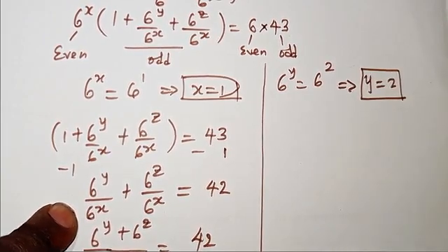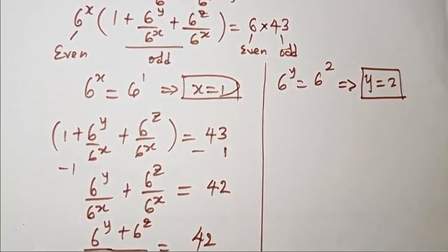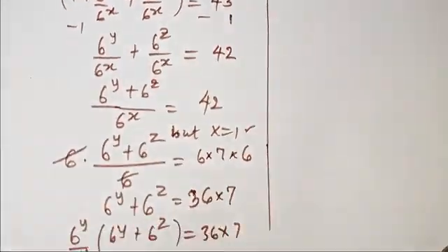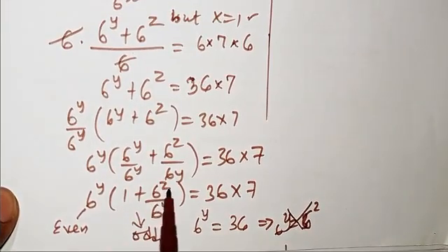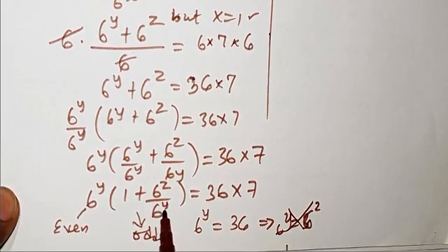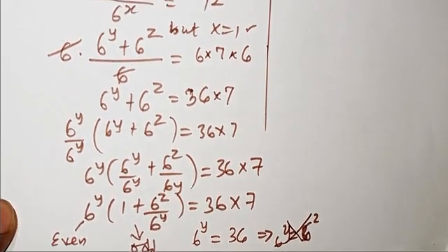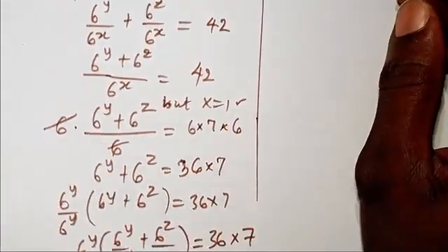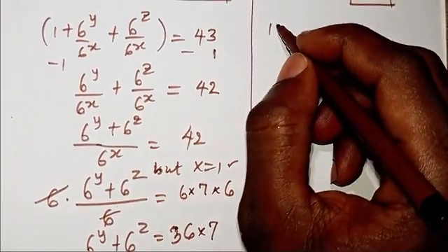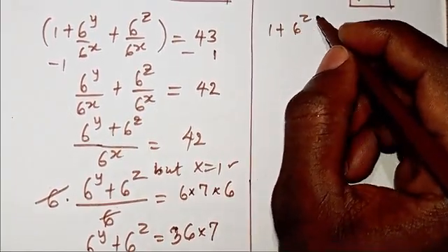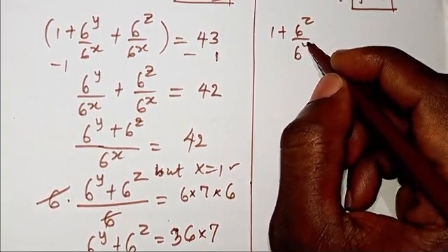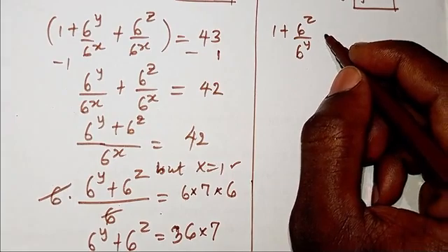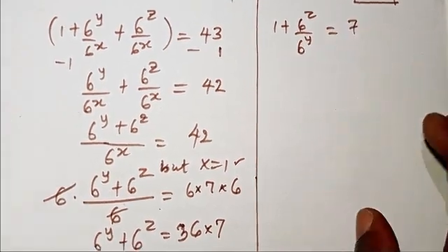So now lastly, let's pick the next one. Let's pick this one here, 1 plus 6 to power z over 6 to power y. That is the odd, compare with 7 there. So we have 1 plus 6 to power z over 6 to power y equals 7, right?